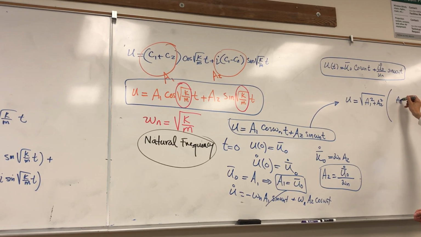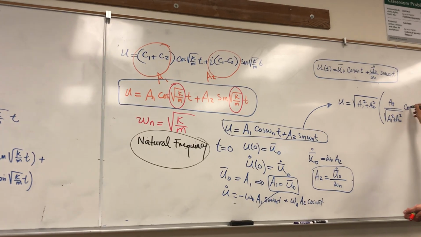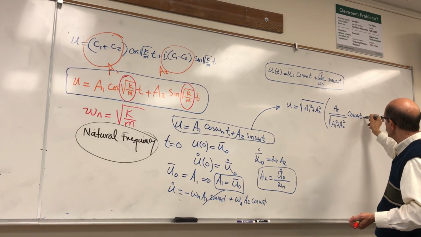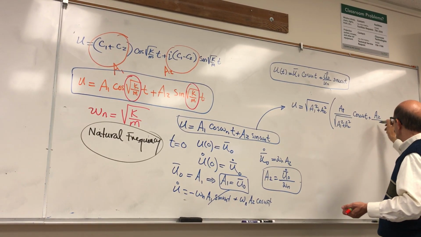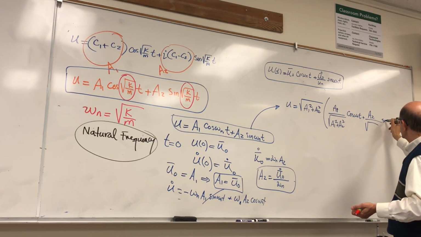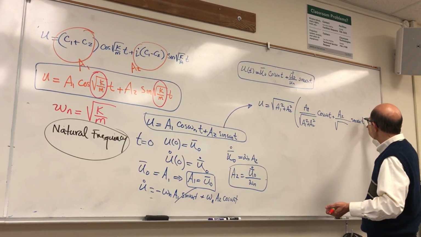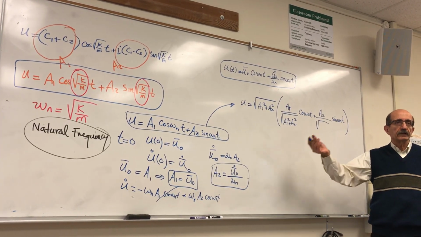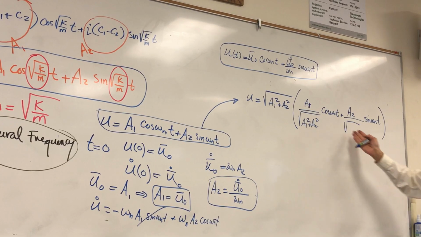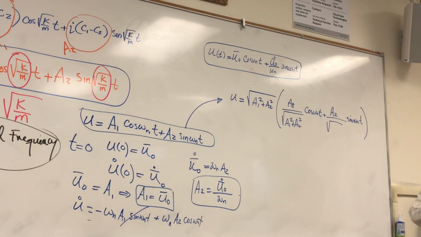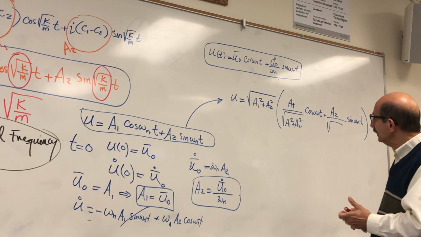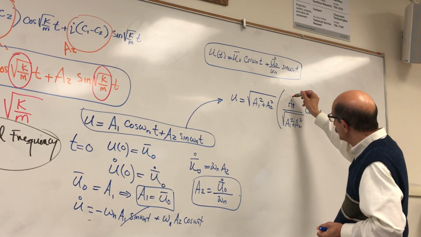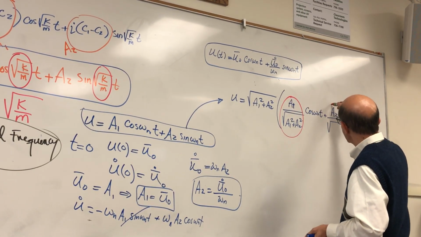In other words, this is A1 divided by the square root of A1 squared plus A2 squared, cosine omega n t, plus A2 over that, sine omega n t. I haven't done anything, right? I've just multiplied everything by 1, because they cancel out.